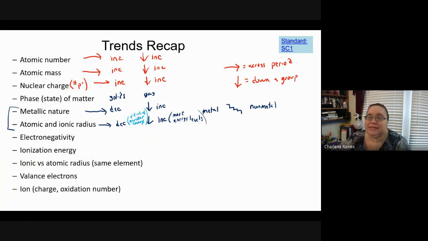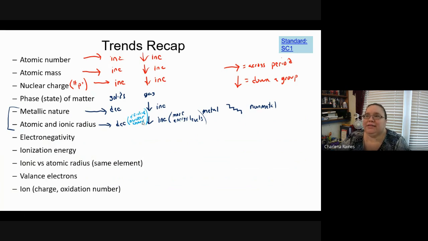So that nucleus is getting stronger every time I add a proton, and that stronger nucleus is pulling on those negative electrons a little bit tighter. And since it's pulling on the negative electrons a little bit tighter, our cloud is shrinking just a little bit. So my radius decreases as I go across the periodic table due to that effective nuclear charge.